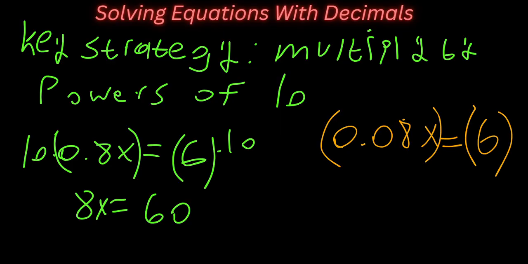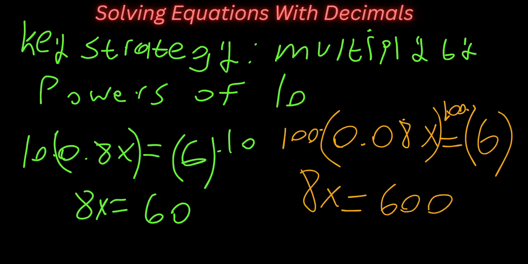What we need to do is multiply by the least or the smallest power of 10 needed. In this case, 100. Multiply both sides by 100. And then you have 8x equals 600.